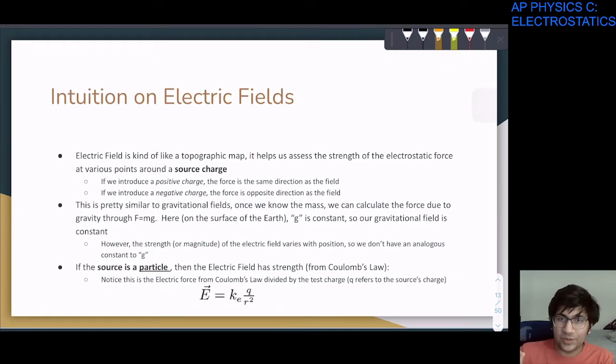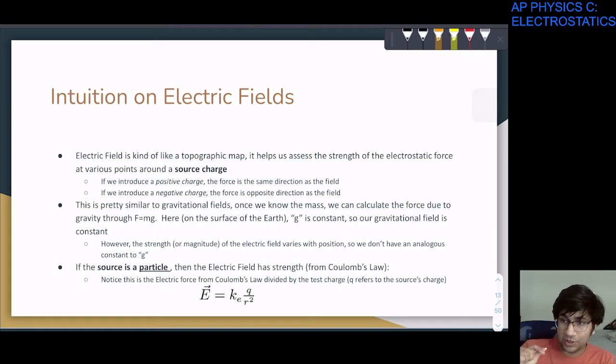Okay, so some more intuition, because I think this is a very confusing topic. You can think of the electric field as a topographic map, and it helps us assess the strength of the electrostatic force at various points around the source charge. So imagine a field, and if you introduce a positive charge, which is kind of like your test charge, the force is going to be in the same direction as the field.